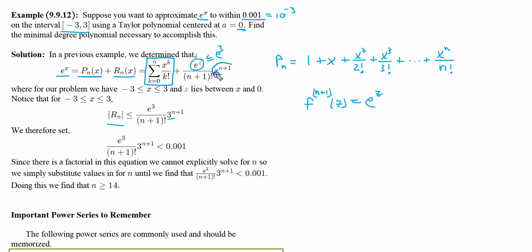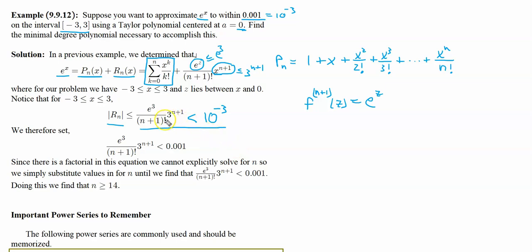So this term right here will be less than or equal to 3 to the n plus 1. Okay, so that's how we get this inequality down here. And now all we need to do is set this less than 10 to the -3rd, or 0.001, and figure out how large n has to be so that this is satisfied.